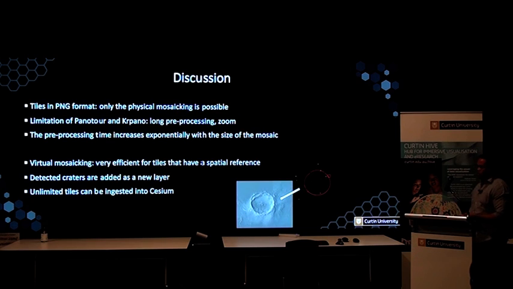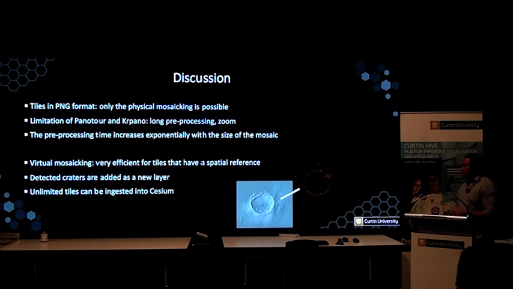So let's move on to the discussion. For the tiles already processed, which are in PNG format, only the physical mosaicing is possible, because those tiles don't have any spatial references.